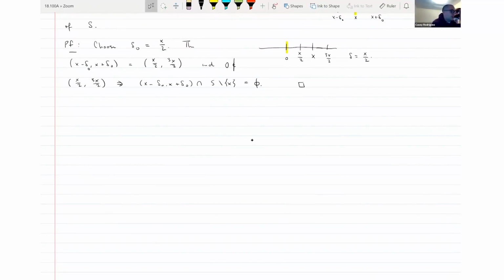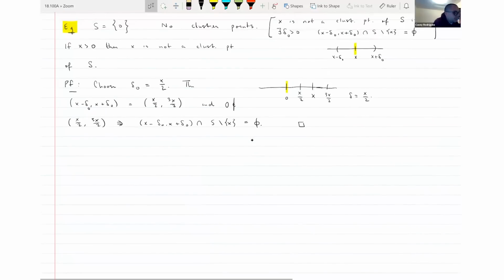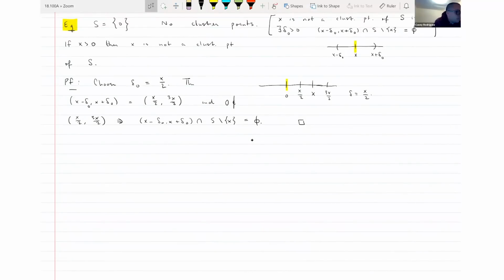So I did it for just one. For a set containing just one element, I showed that this set has no cluster points. You can also show that if it has finitely many points, it has no cluster points. And so therefore any finite set has no cluster points, but being a cluster point has nothing to do with the cardinality.